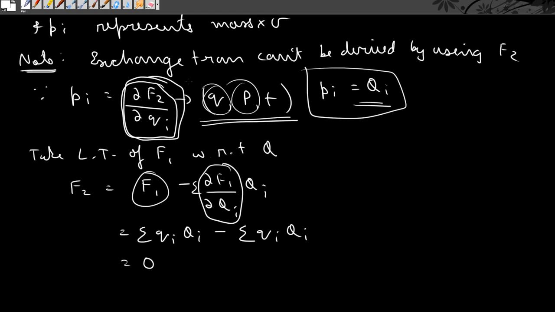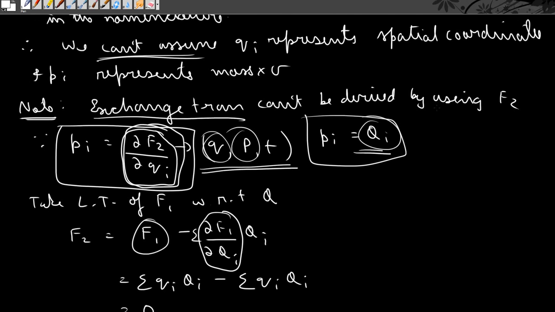So we cannot get a relation for our Pi as a function of Qi, and therefore it doesn't make sense to use f2 in this case. That is what we mean by saying that the exchange transformation cannot be derived by using F2, because such an F2 does not exist which will give us the exchange transformation.